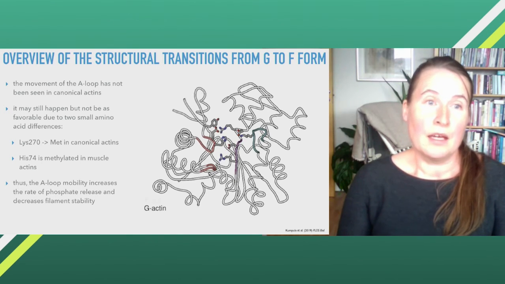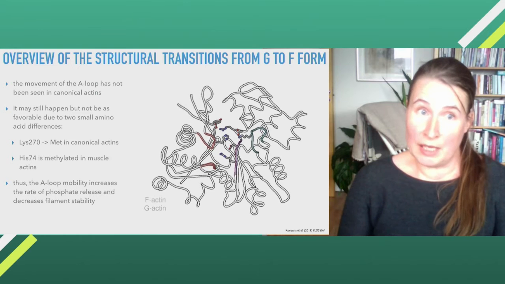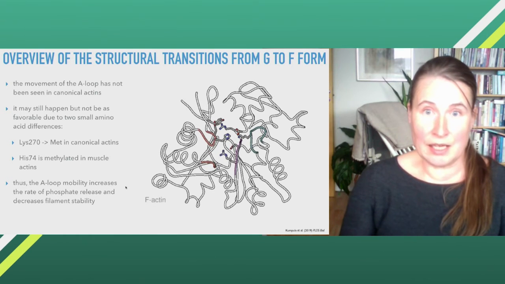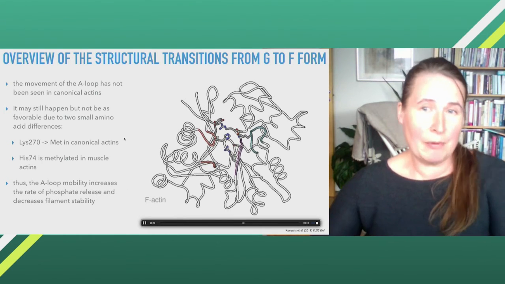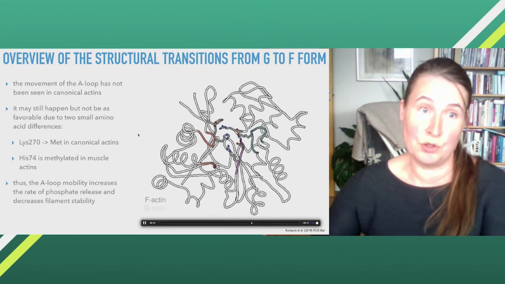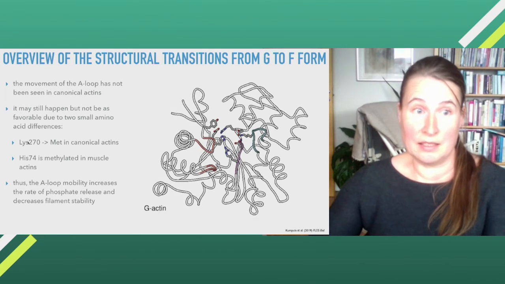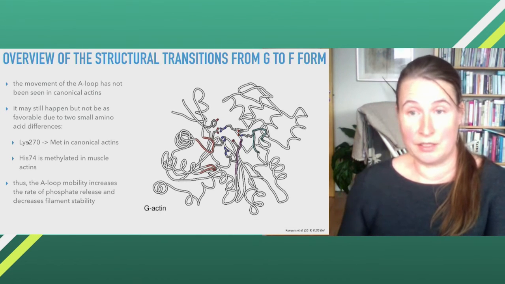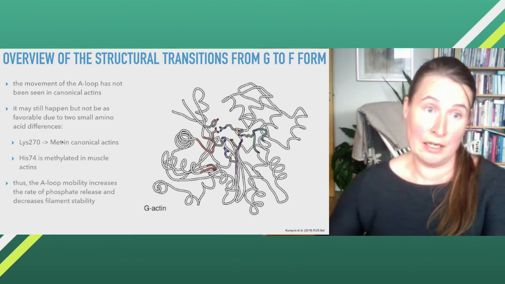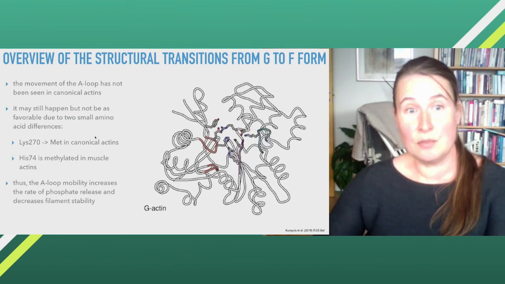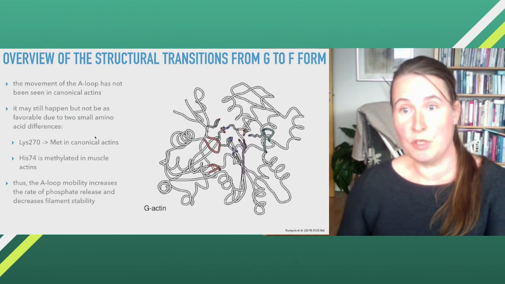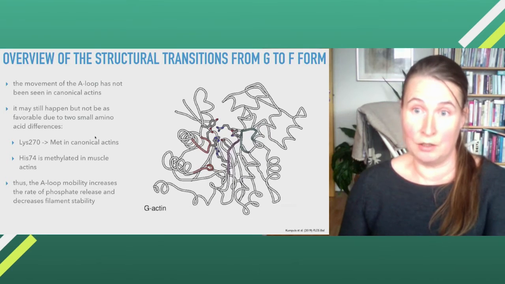This movement of the A-loop has not been seen in any of the canonical actins, but it may still happen, but it's probably not as favorable due to two small amino acid differences. This lysine 270, which is the other interaction partner of the A-loop in the parasite actin, is a methionine in canonical actins, which would reduce the favorability of the loop interacting with this residue.